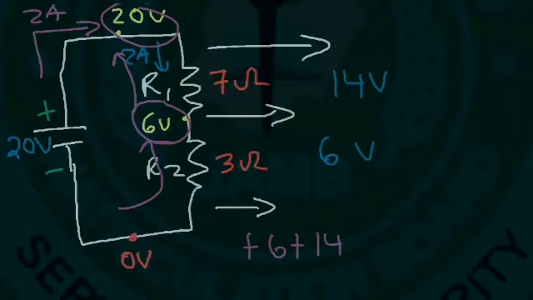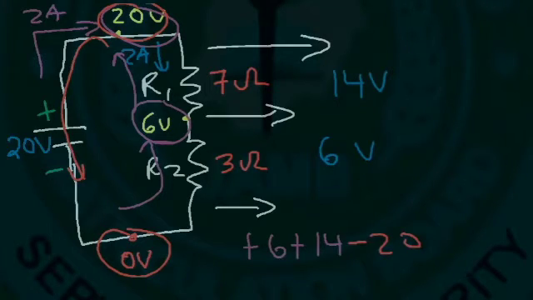Now, going through the battery, we went from 20 to 0, so the voltage decreased by 20. 6 plus 14 minus 20 is still 0 volts. So it really doesn't matter what direction you travel. It's still going to add up to 0 volts.